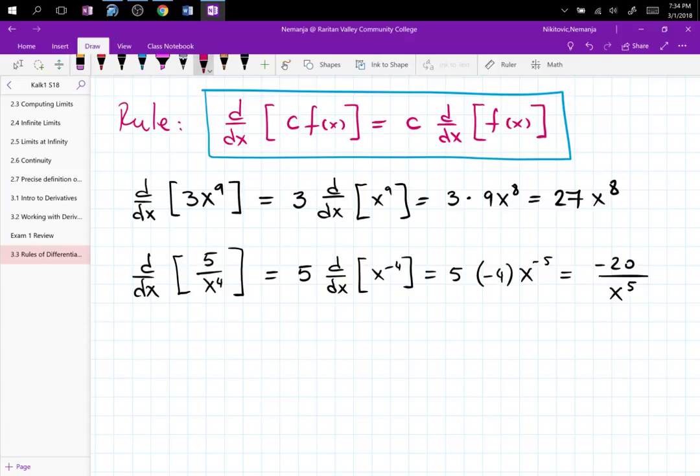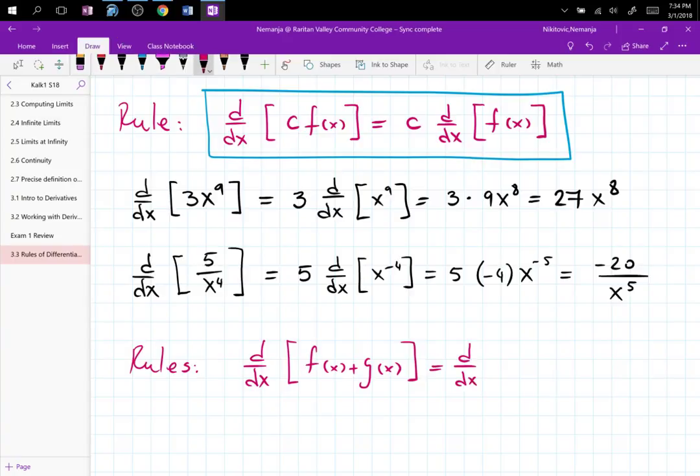More rules. The derivative of the sum of two functions, or the difference for that matter, let's do sum only, is equal to the derivative of f of x plus the separate derivative for g of x.